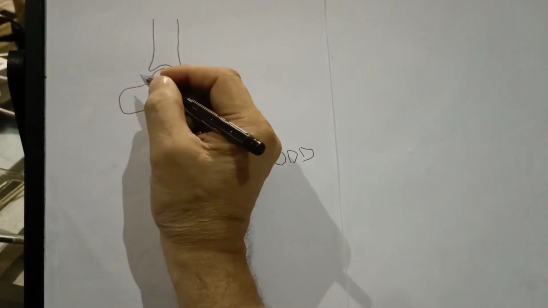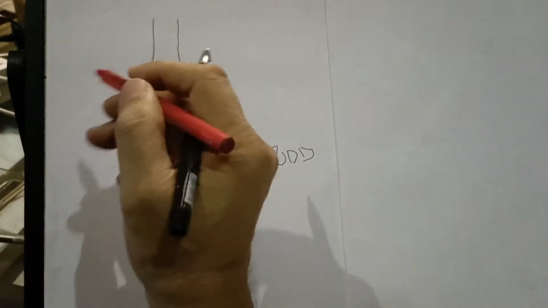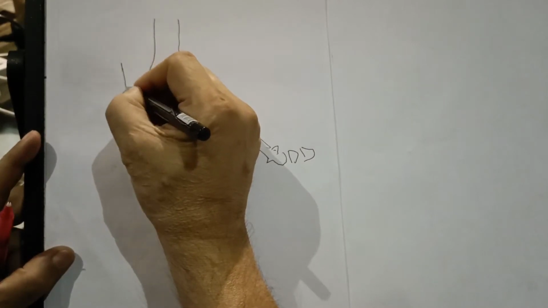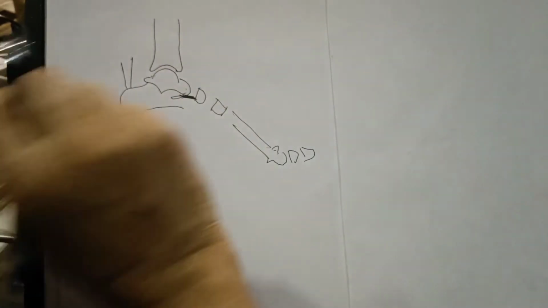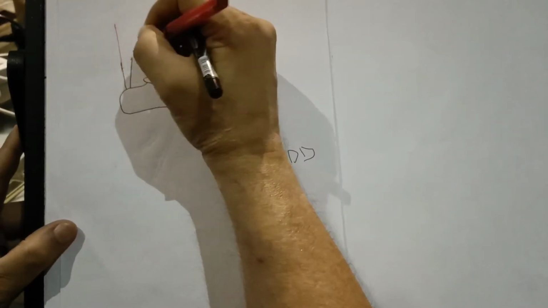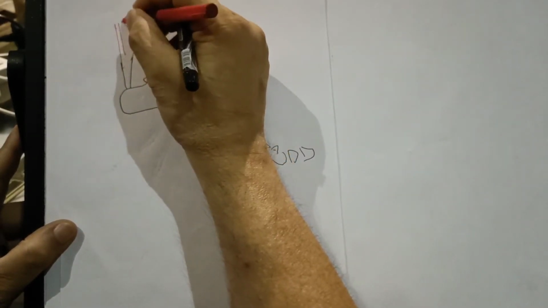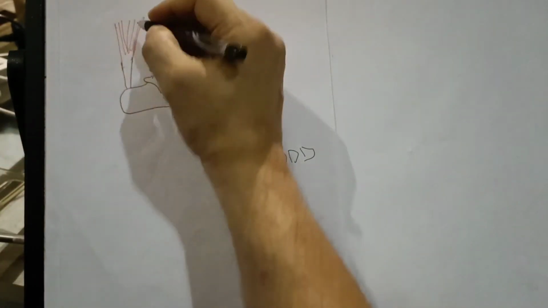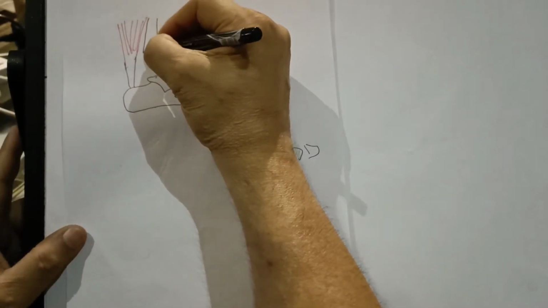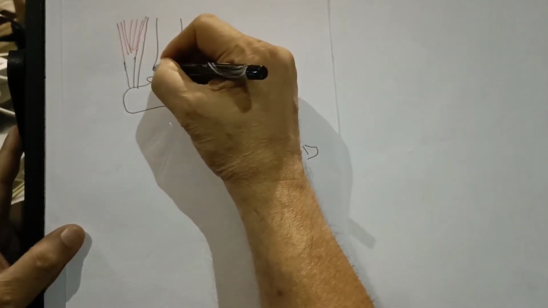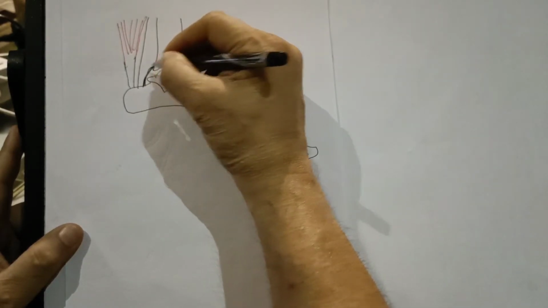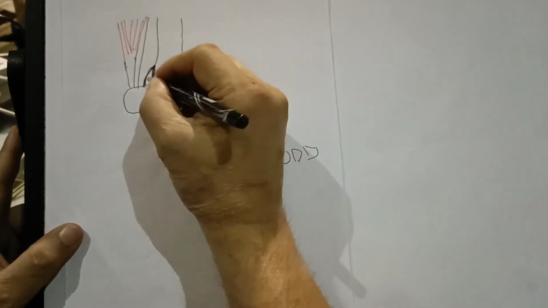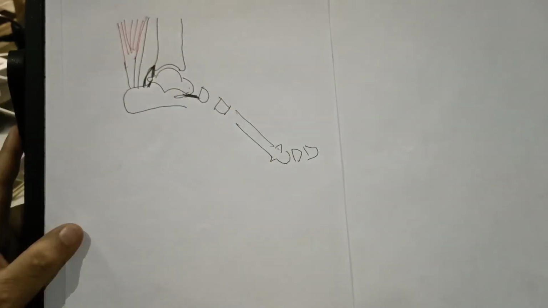Now here you will have the tendo Achilles, which goes into the gastrocnemius, and here you have the plantaris tendon, and here you have the posterior capsule, which has a tibiocalcaneal, a tibiotalar, and a talocalcaneal component.